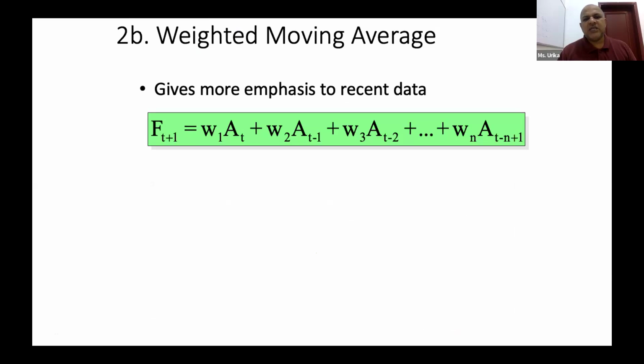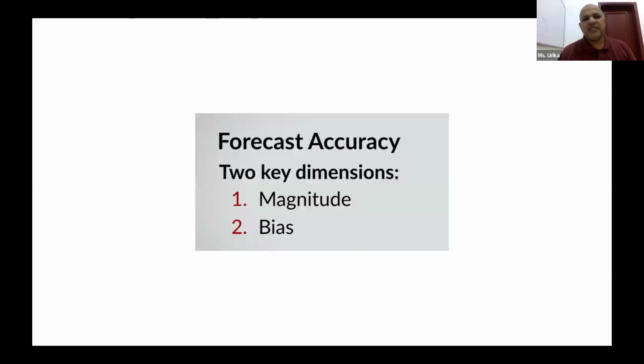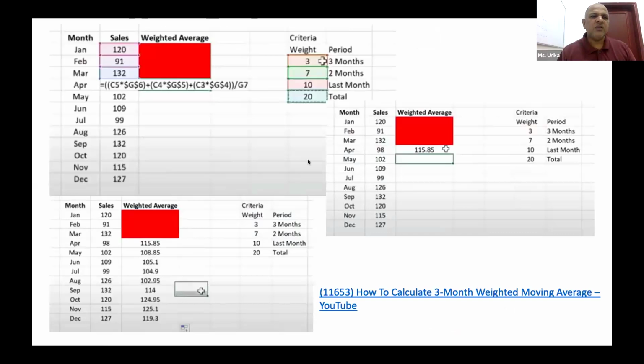Moving weighted average. Now you are going to give a weight, a score. For 3 months, you give 3; for 2 months, you give fewer points. If the last month is more close, you give more weight.